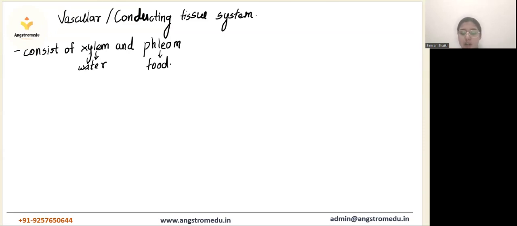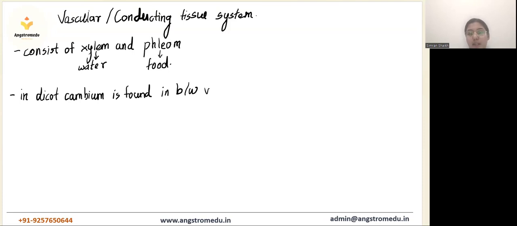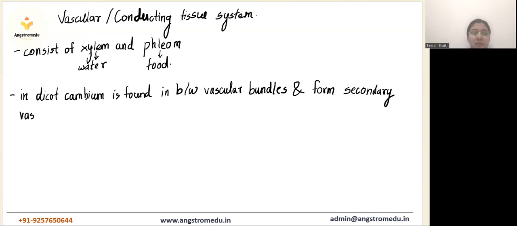They are different again in dicots and monocots. In dicots, cambium is found in between the vascular bundles, and it forms secondary vascular bundles.